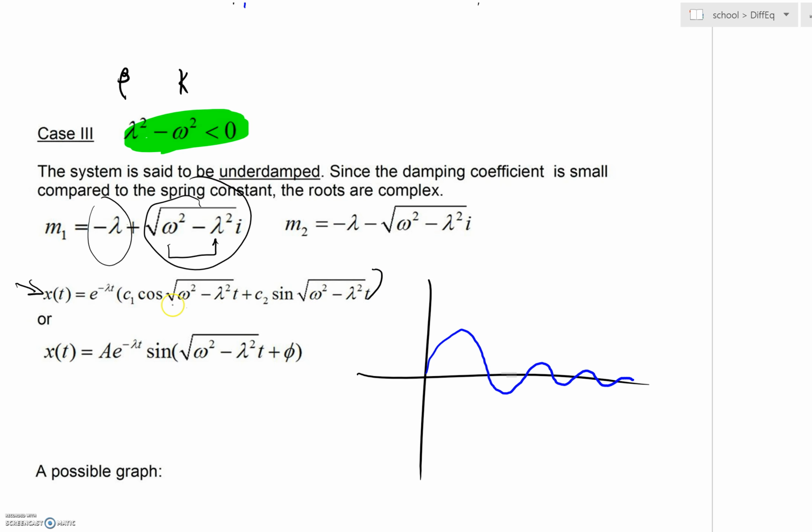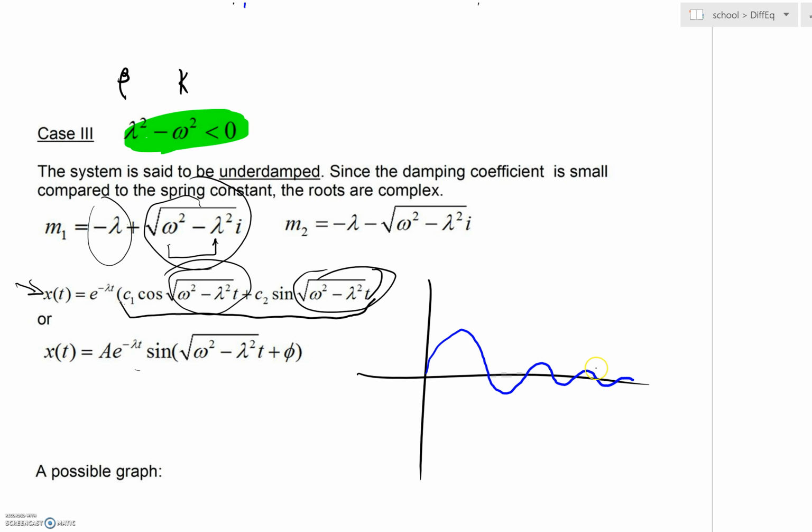Like we talked about yesterday, we could condense these two. It looks like they have the same arguments. So we would expect for them to have the same periods. They do. Just as we did yesterday, we could use that combination of a is equal to the square root of c1 squared plus c2 squared and condense this with a phase shift to just get one nice graph.